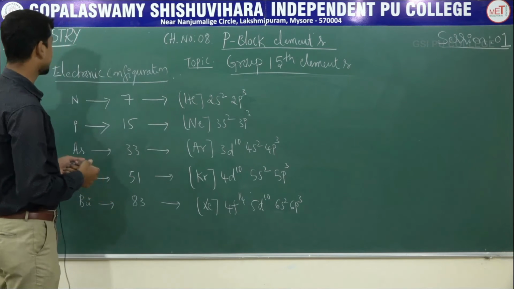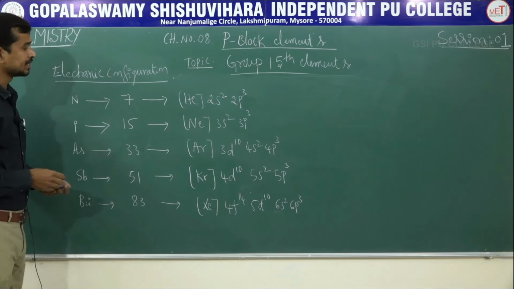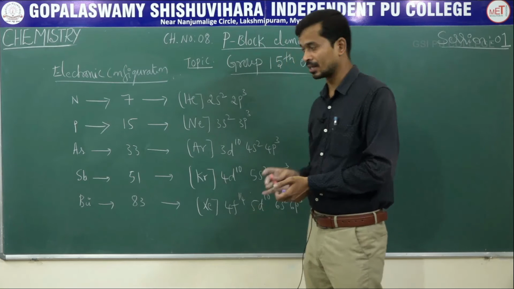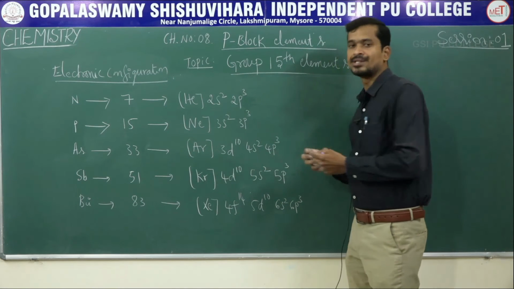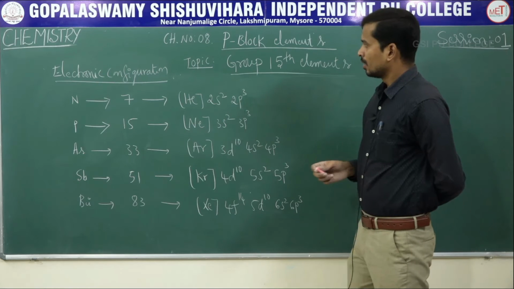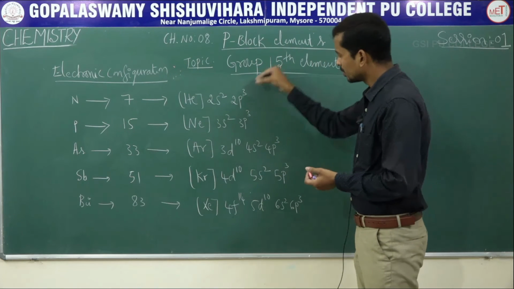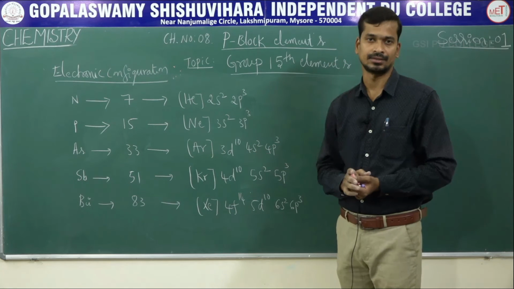Okay, next let us consider the electronic configuration of group 15 elements. These are very fundamental concepts from first PUC, but if you know the electronic configuration, the next concepts are all very easy.